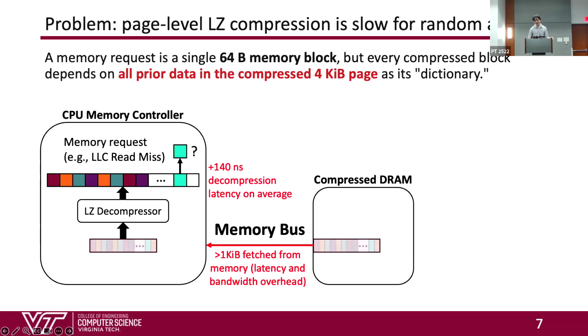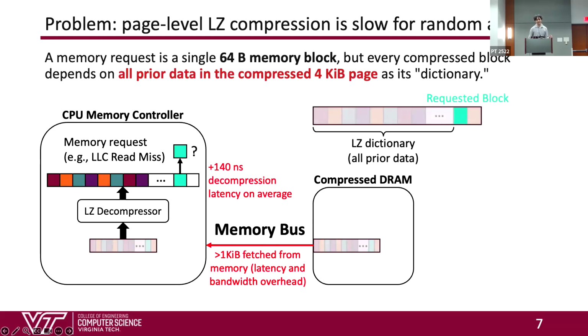And both of these are a significant source of latency. If we take a closer look at the compressed page, you can see that all prior data to the block that we care about is acting like a dictionary to compress this block and must be fetched and decompressed prior.